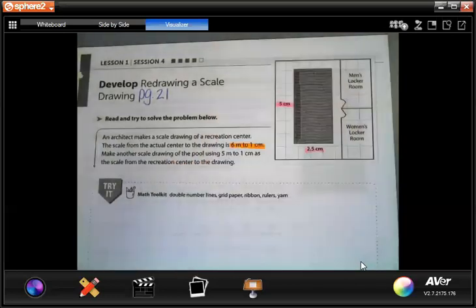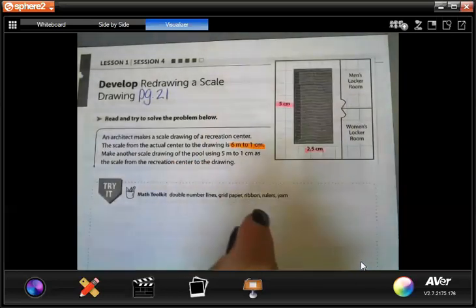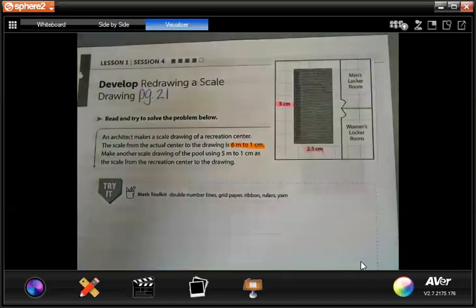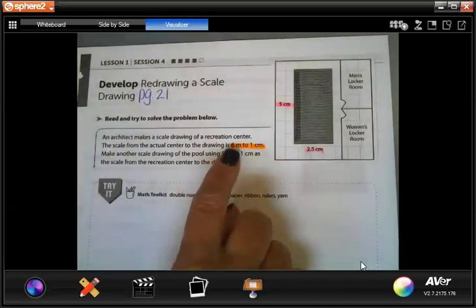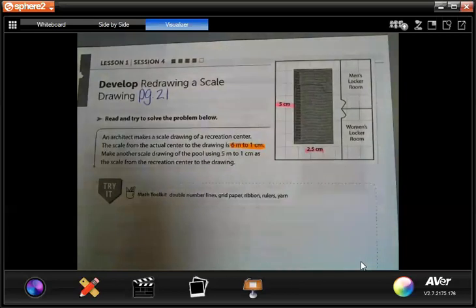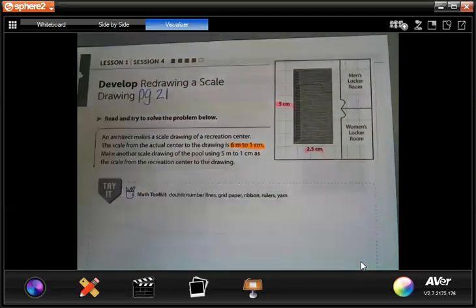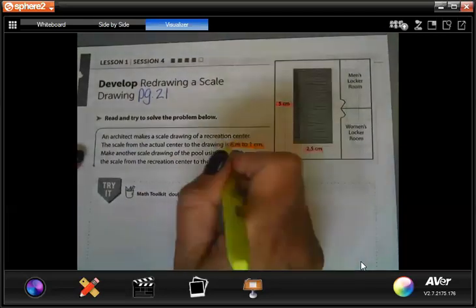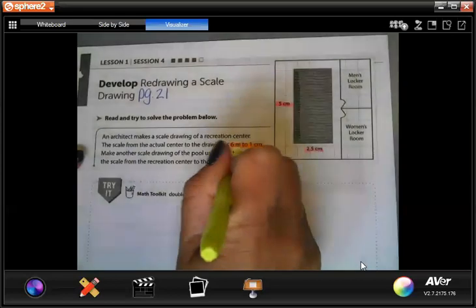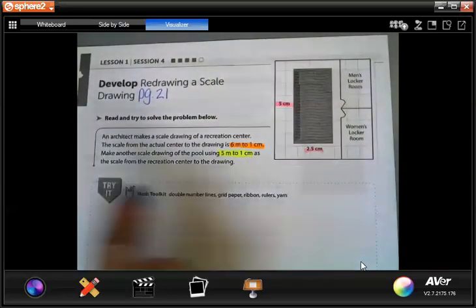So what that means is for every 1 centimeter here, in real life, it's 6 meters. Okay? And then finally, here's what I'm expected to do. We're going to make another scale drawing of the pool using a scale of 5 meters to 1 centimeter for the new drawing.